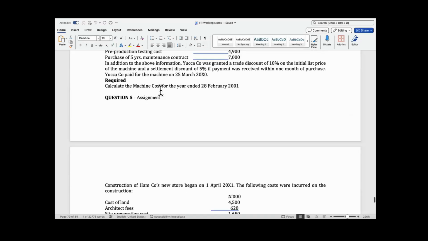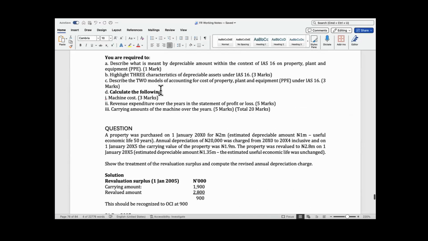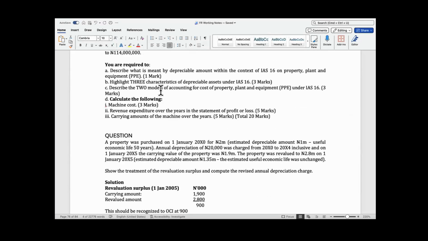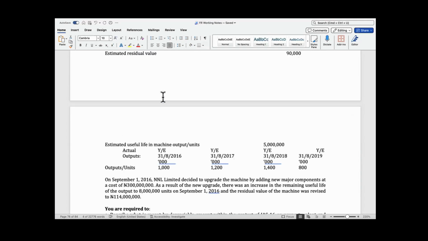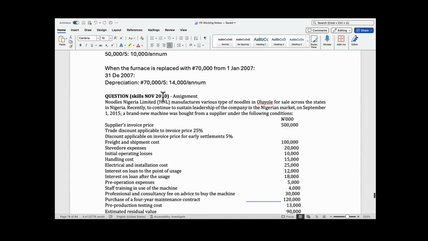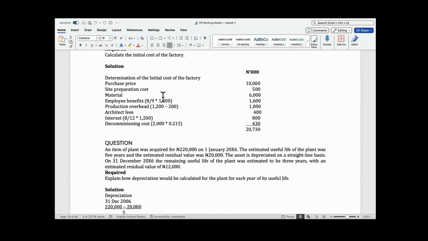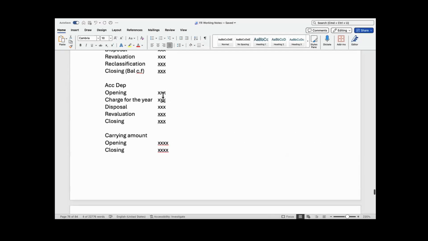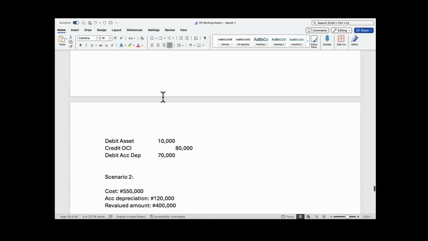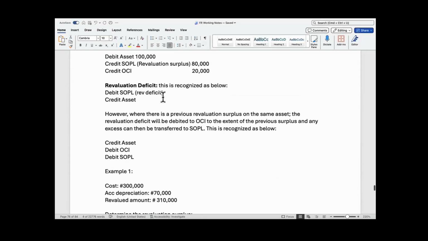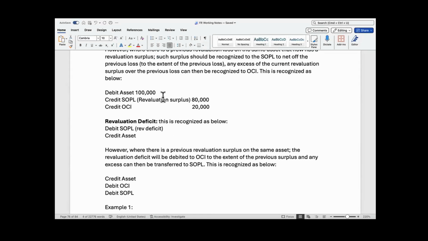Last week, we focused on IAS 16 on PPE. We looked at the definitions, the recognition criteria, and measurement bases, both initial and subsequent measurements.